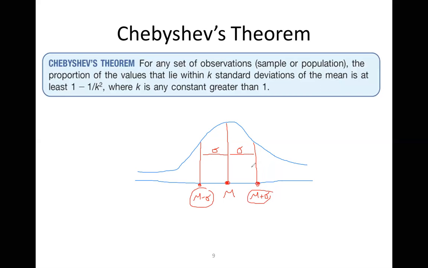Or, adding another color, between mu minus 2 sigma and mu plus 2 sigma. And we can add a wider range, mu plus 3 sigma and mu minus 3 sigma.